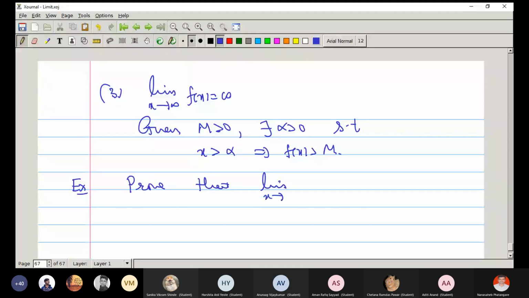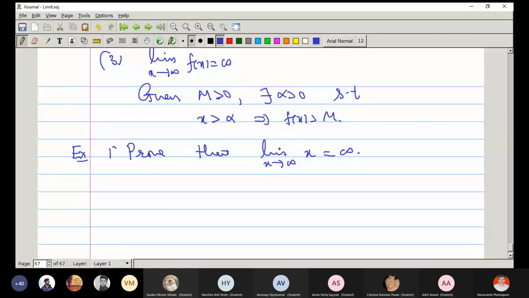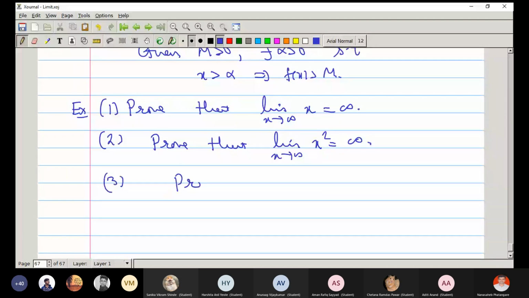So therefore, prove that the limit as x tends to infinity of x is infinity. Interesting to prove this. Secondly, prove that the limit as x tends to infinity of x square is infinity. Right. Prove that the limit as x tends to infinity of e to the power x is infinity.